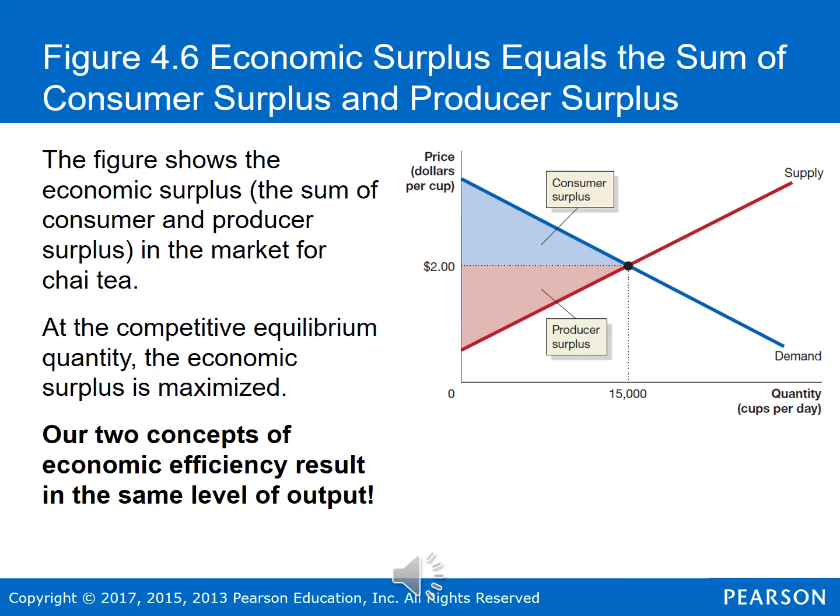The consumer surplus is the difference between the demand curve and the price, whereas the producer surplus is going to be the difference between the price and the supply curve. So at the competitive equilibrium quantity, the economic surplus is going to be maximized. The consumer surplus and the producer surplus are going to be as large as possible. So both of our concepts of economic efficiency result in the same level of output.